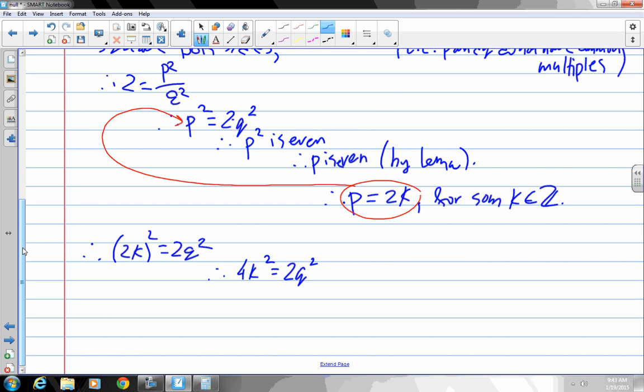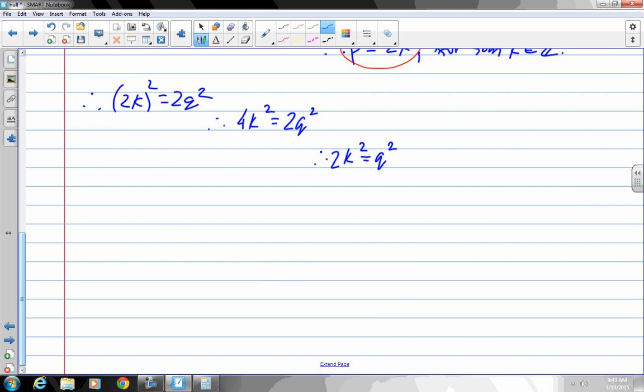Divide both sides by 2. I can reduce by 2. Therefore, 2k squared equals Q squared, dividing both sides by 2.